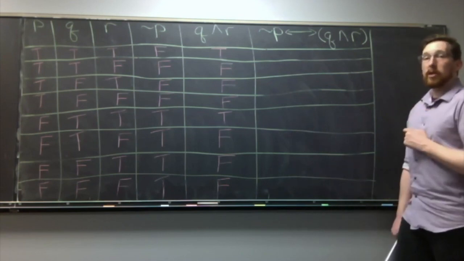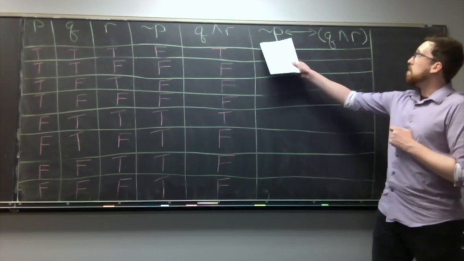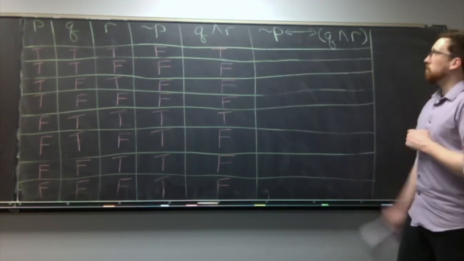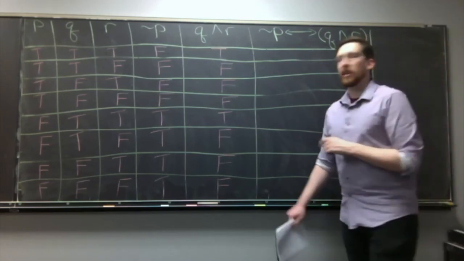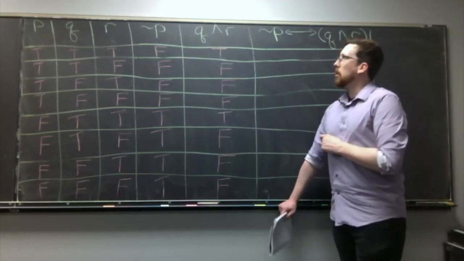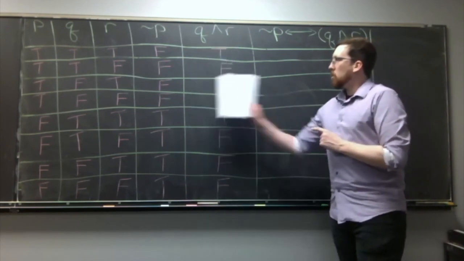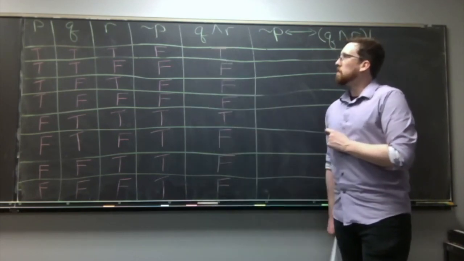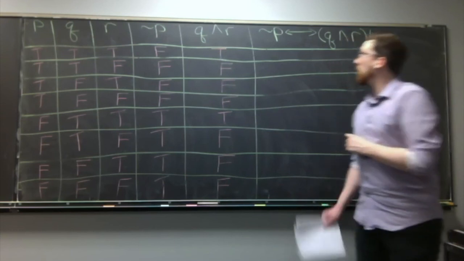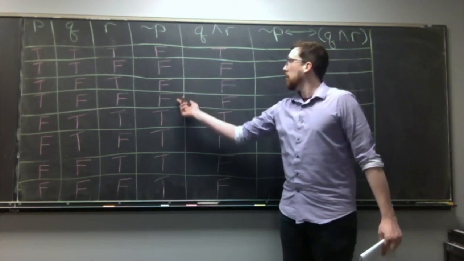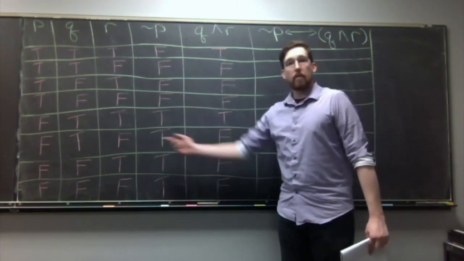Another way you might hear it stated is not P if and only if Q and R. That's a way mathematicians usually like to say that. Having said that, I went ahead and filled out most of the truth table for us. And what we're trying to do is figure out if these two columns imply each other, in both directions.